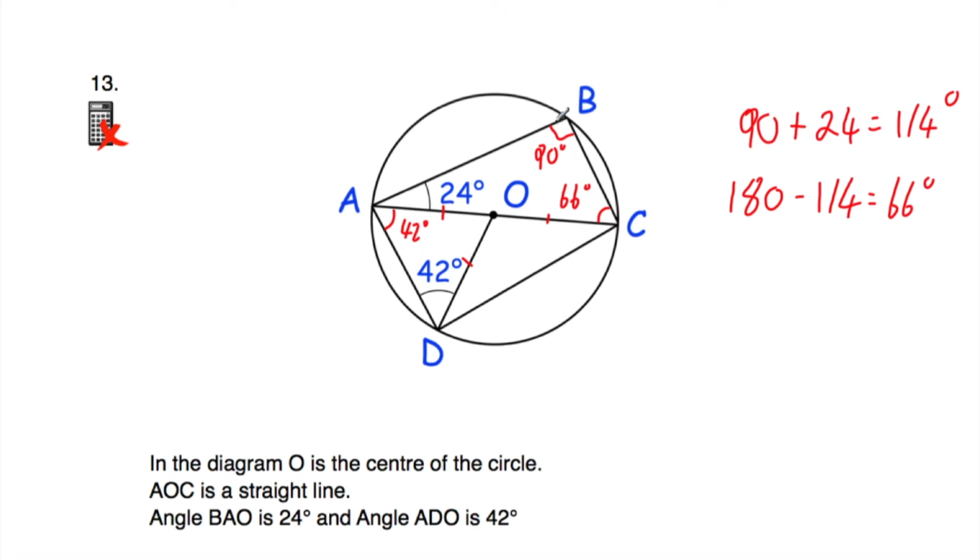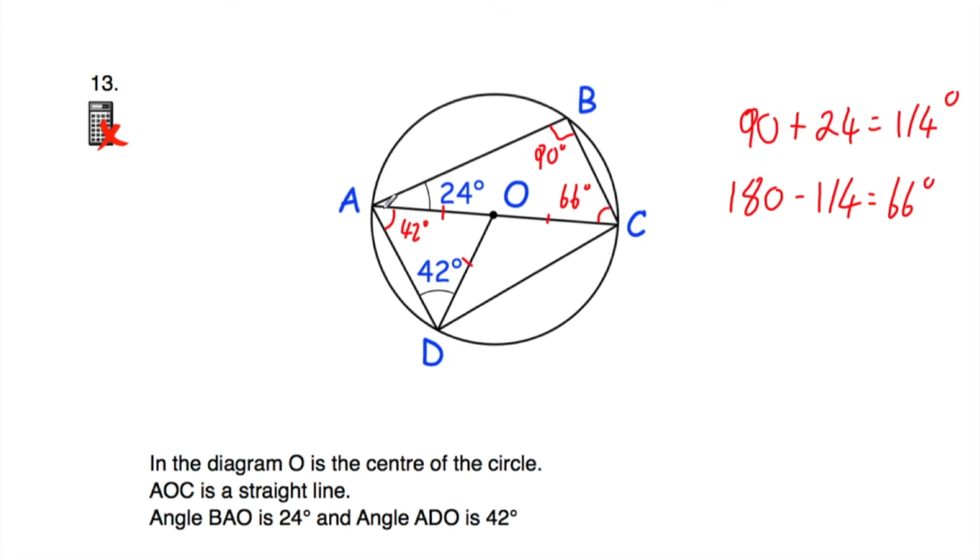Alternatively, we could look at this cyclic quadrilateral. ABCD is a cyclic quadrilateral. That means the opposite angles in that quadrilateral add to 180 degrees. So angle BAD is equal to 42 plus 24, that's 66 degrees. Then we know that the opposite angle, the whole angle BCD, if we take 66 away from 180, will give us the size of that angle.